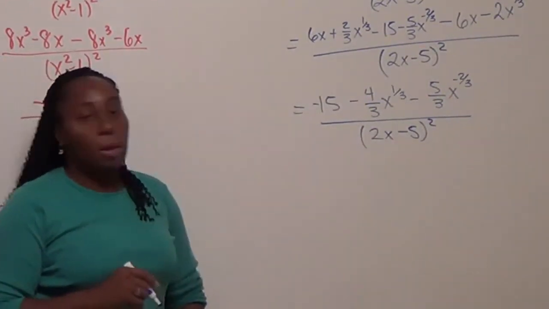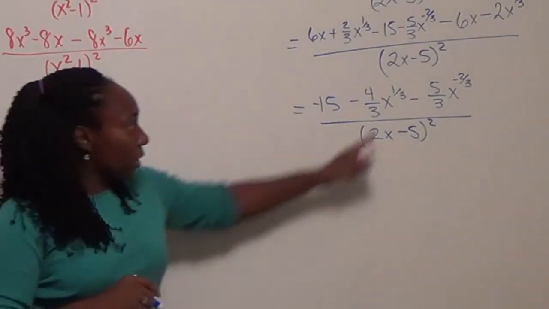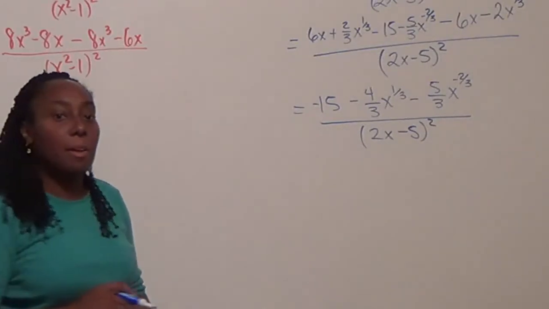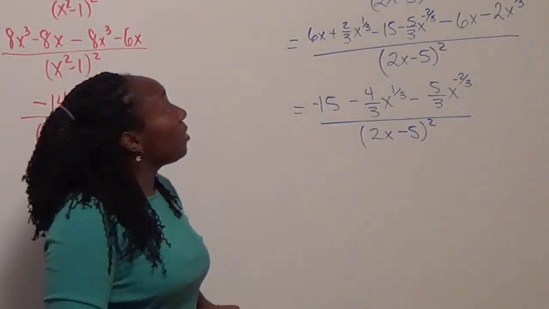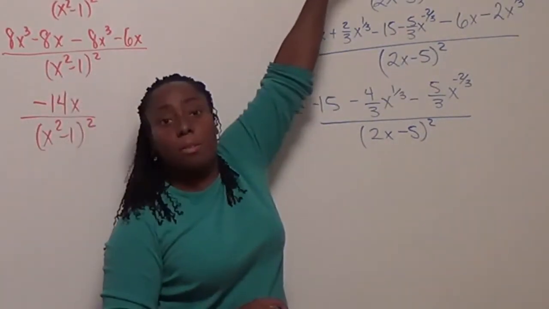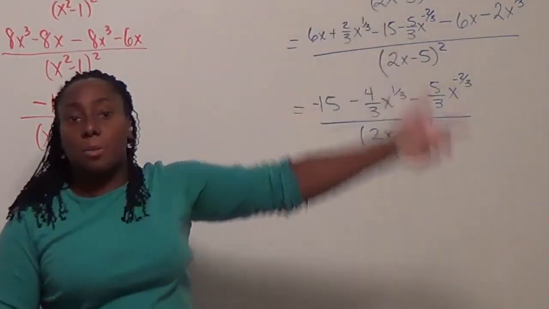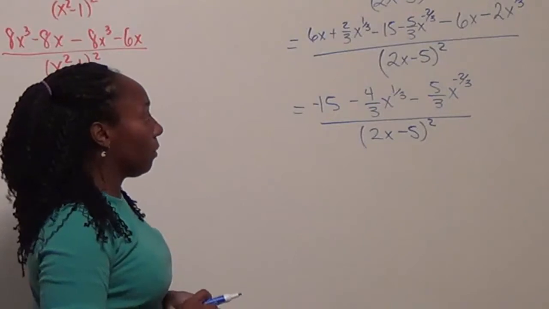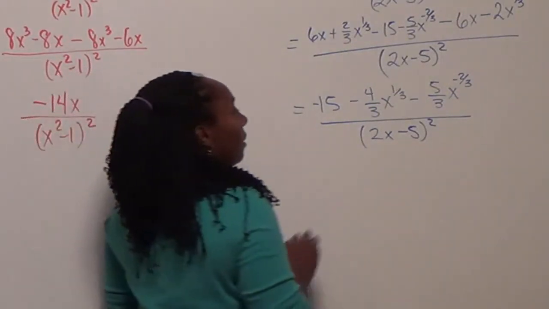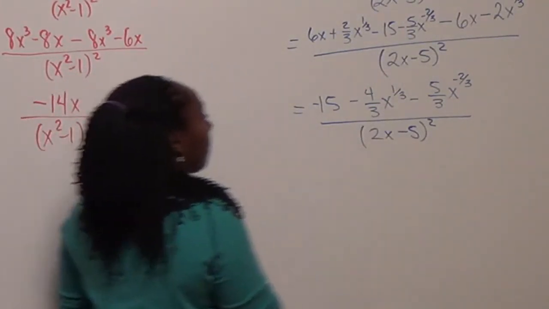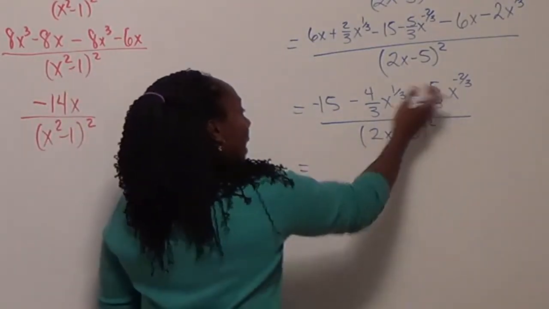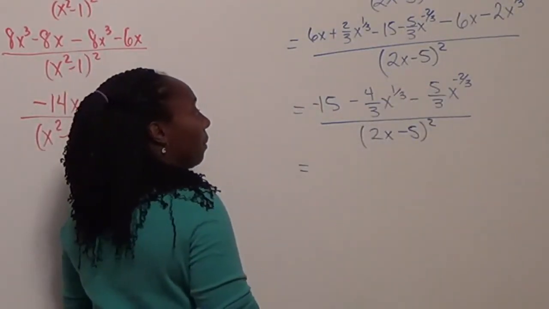Now for this one, we're not quite done. The first thing to notice is we do have some complex fractions in there, so you want to simplify that down. Also, if you remember from the start of the problem, we had some roots, but we didn't have any negative exponents, so we want to get rid of those as well. To do this, we first get a common denominator on the top.